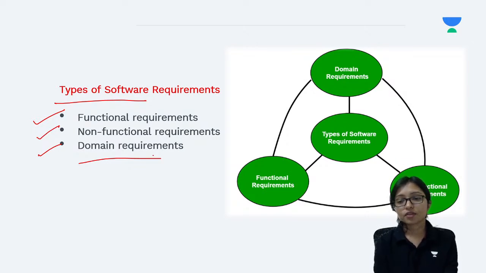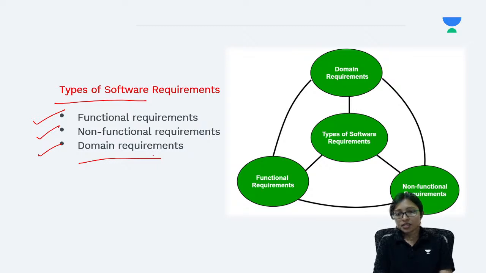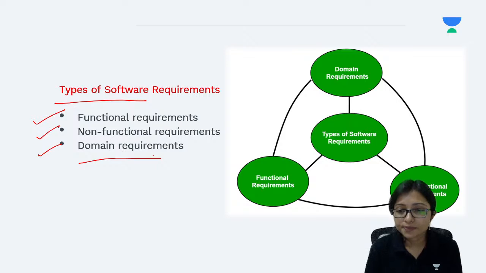What do functional mean, what do non-functional mean, and what do domain requirements mean? How can we identify that this is a functional requirement, this is non-functional and this is domain?